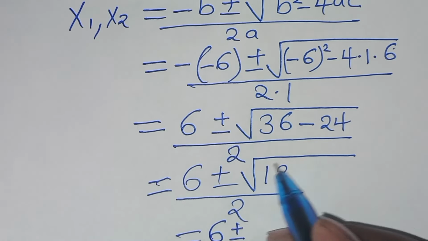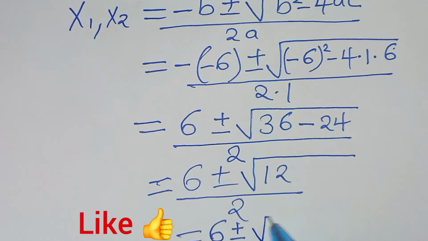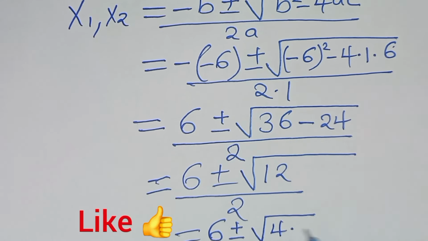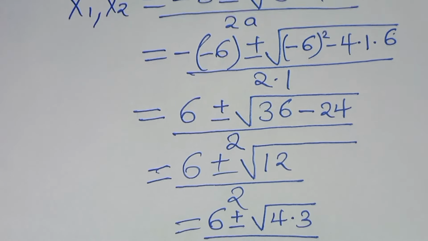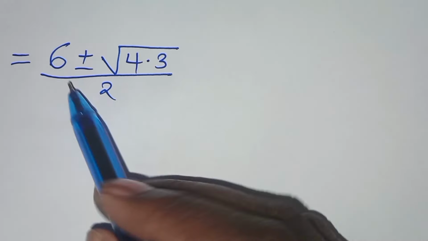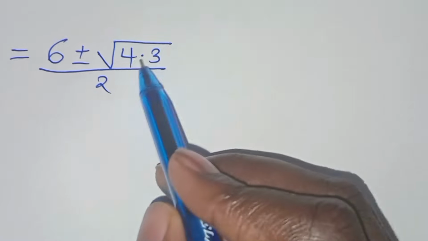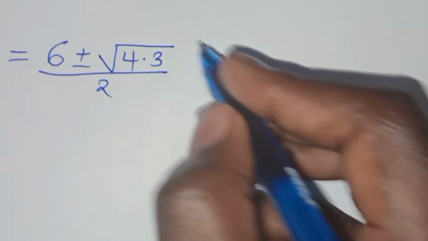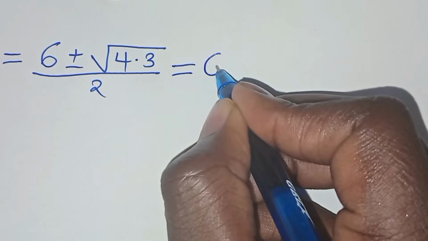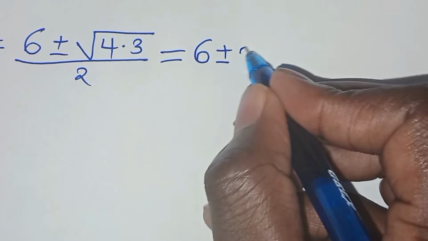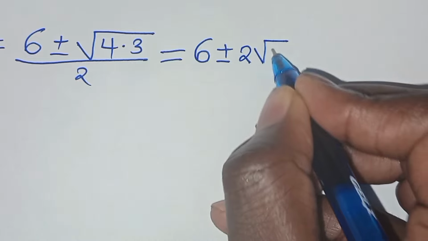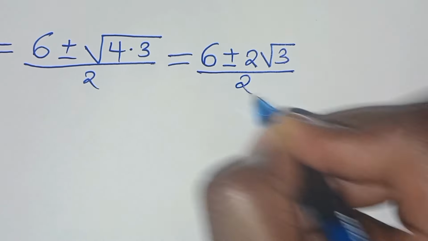We can express the square root of 12 as the square root of 4 times 3, divided by 2. So here we have 6 plus or minus the square root of 4 times 3 over 2. So this is 6 plus or minus the square root of 4, which is 2, then square root of 3, over 2.